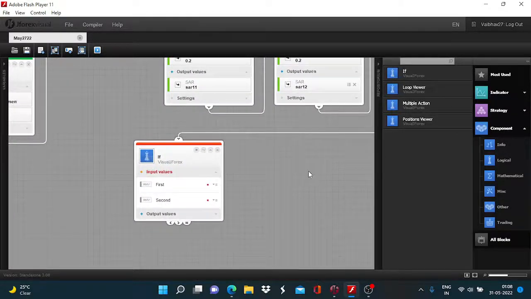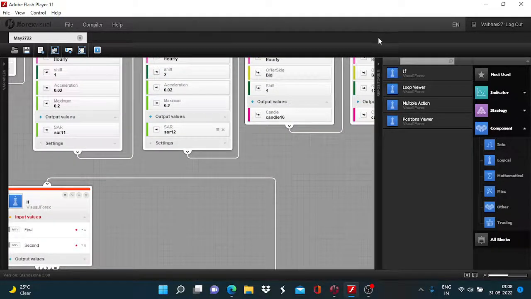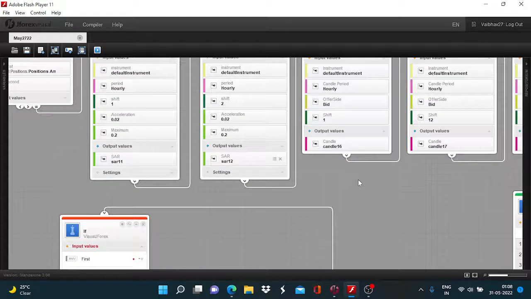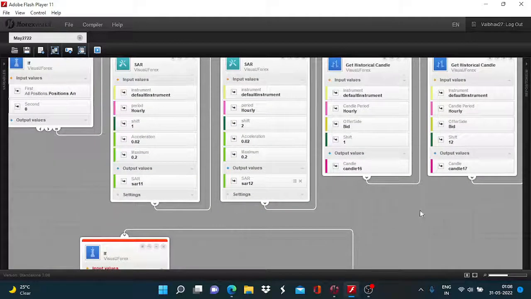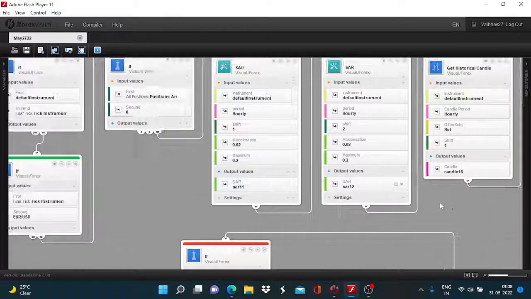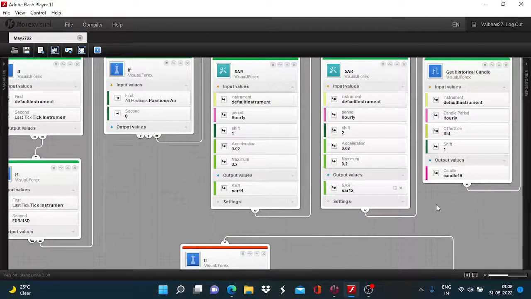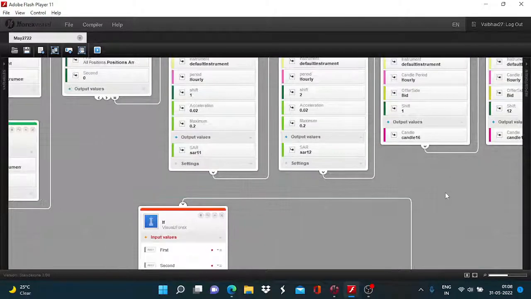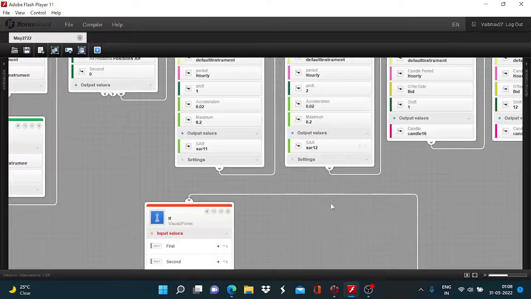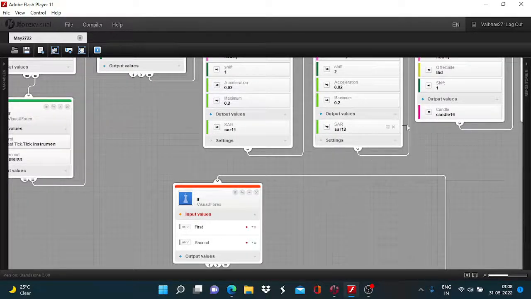Now it's time to consider the SAR output values. We need the closing value of the candle 16, which is the last hourly candle, to be greater than the SAR output of the second last hourly candle. So we have to compare the closing value of the candle 16 with the SAR output of SAR 12.